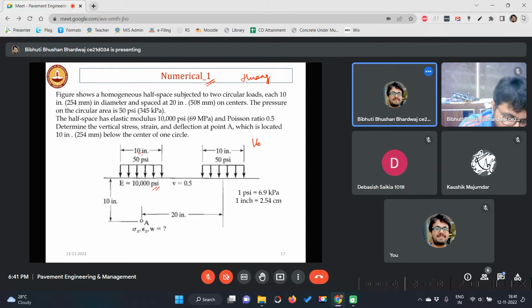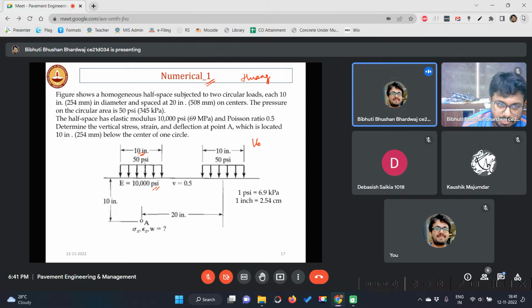Okay. So since we are anyway finding strain, strain doesn't have any unit, so it doesn't matter. If you convert these things to kilopascal, megapascal, and convert this into centimeter or mm, ultimately you will get the same answer.